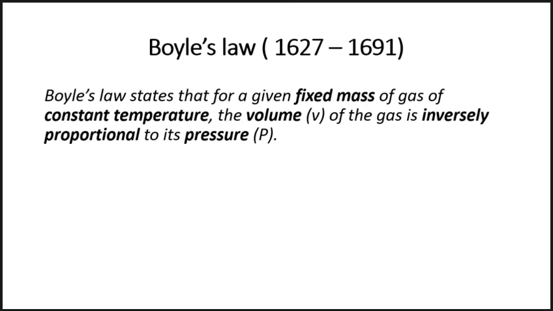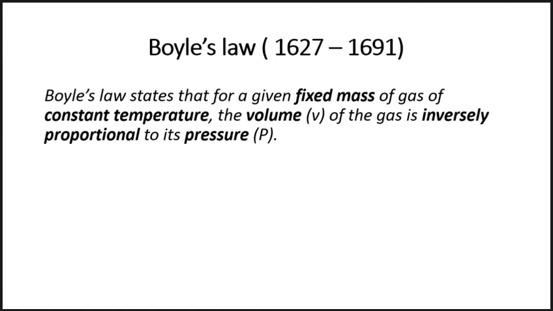What that means is that when I have a constant mass, a mass that is fixed, that is, I'm not changing the mass of the gas, and I'm maintaining the temperature of that gas, the volume of the gas will be inversely proportional to the pressure of that same gas.